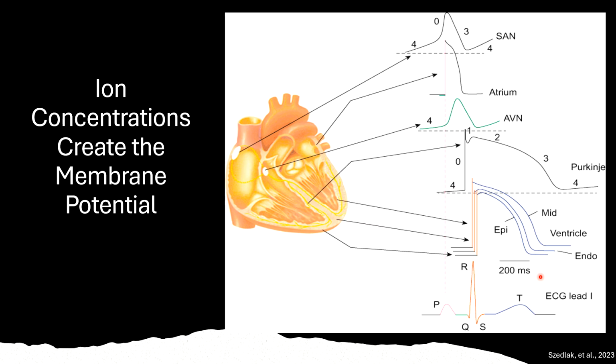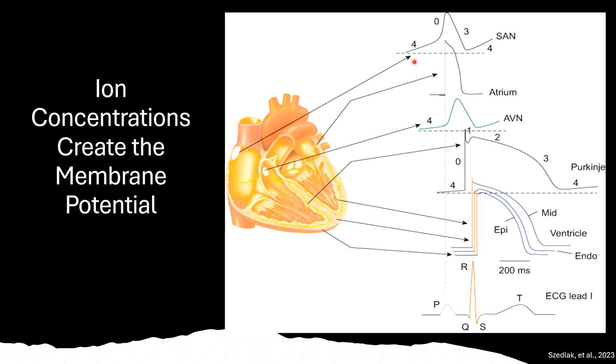The dots on the left-hand side show the trace of the conduction pathway, starting at the sinoatrial node, known as the SAN, located high in the right atrium, shown by this arrow here.